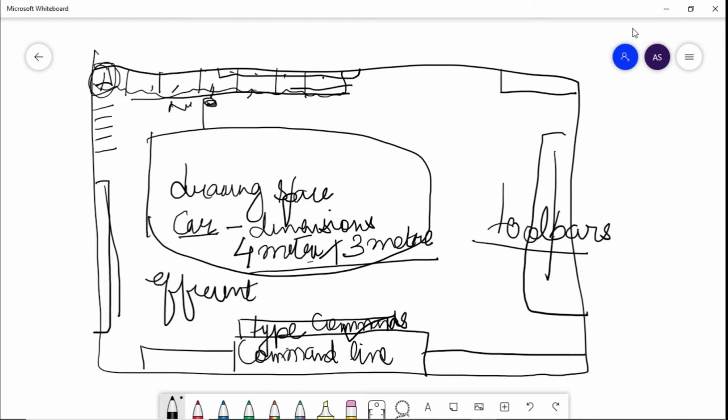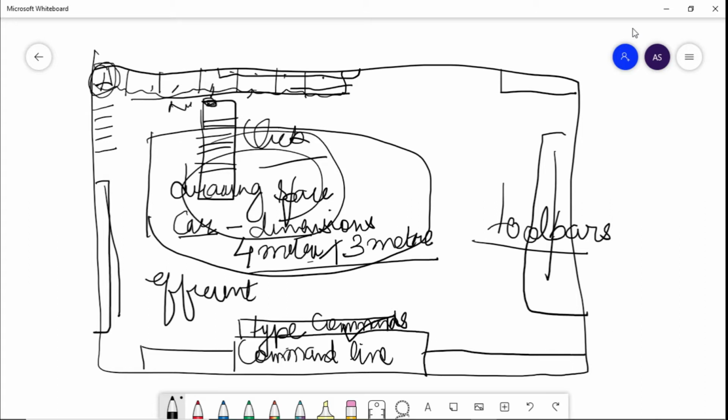Then a drop down menu will appear, and commands will be listed, and then you can click the commands and make the drawing in the drawing space. So this command line actually helps you to get rid of the long activity that you would repeatedly do over a period of time when you are making the drawing.